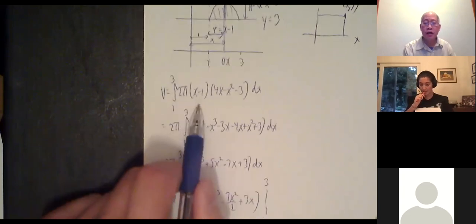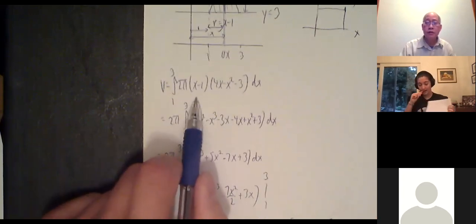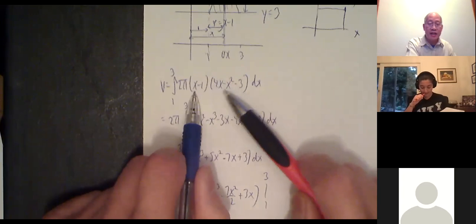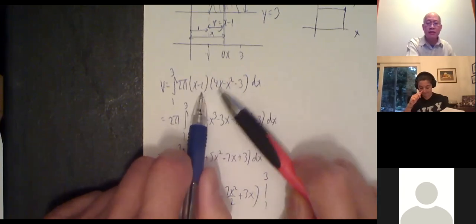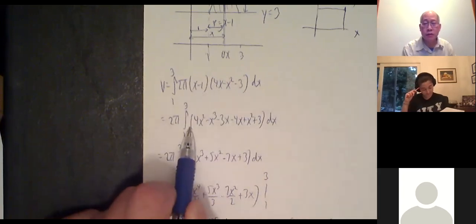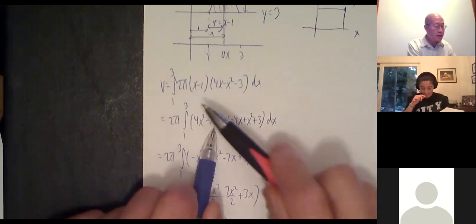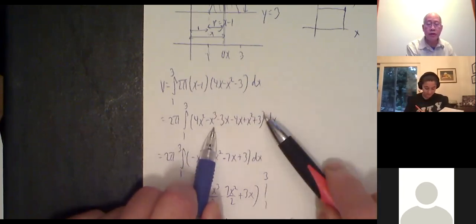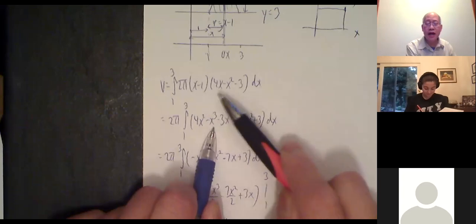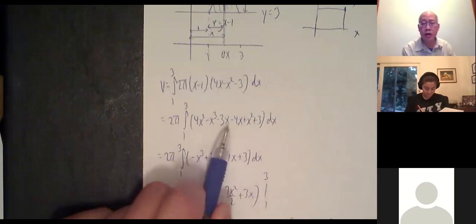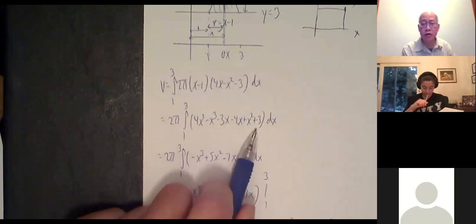Take out the 2 pi, multiply all that mess out. So you take x times that, negative 1 times that. So it comes out to be 4x squared minus x cubed minus 3x. That's x times that, and that. And then negative 1 times that, and that. You just change every sign. So minus 4x plus x squared plus 3.